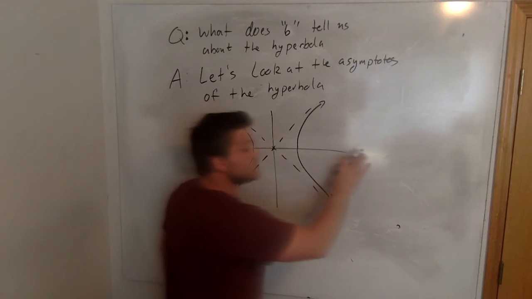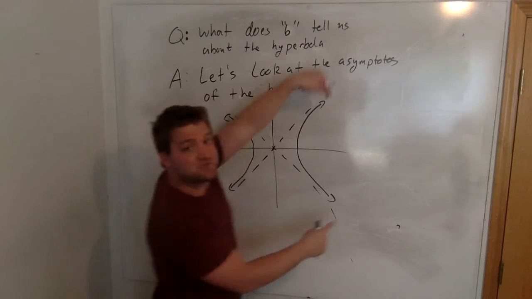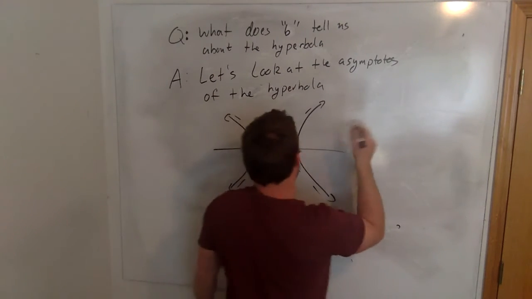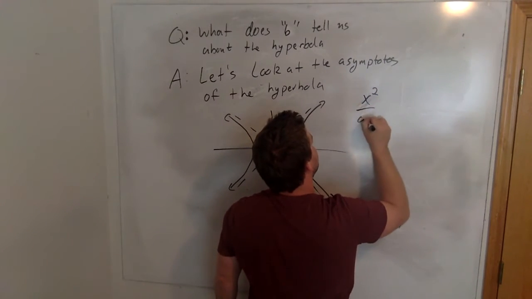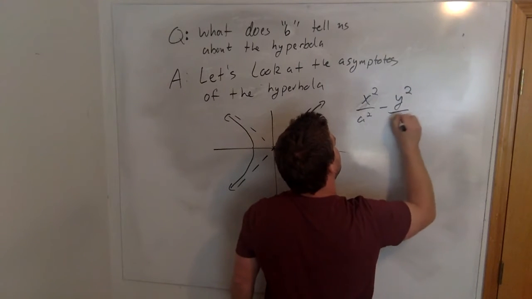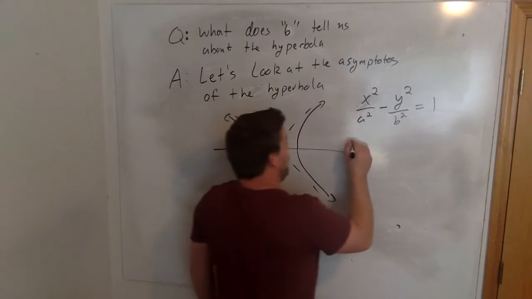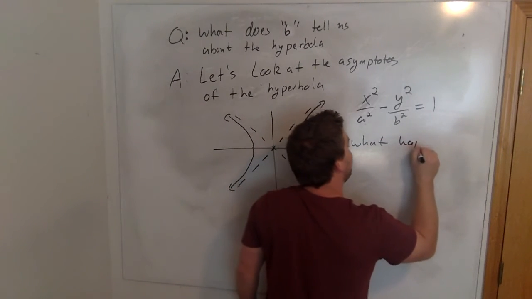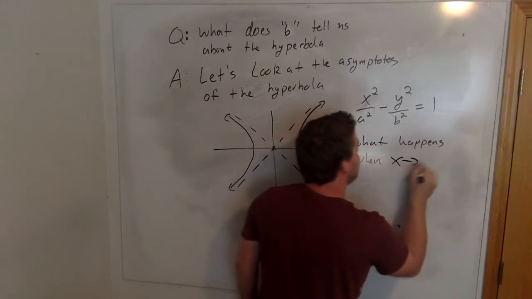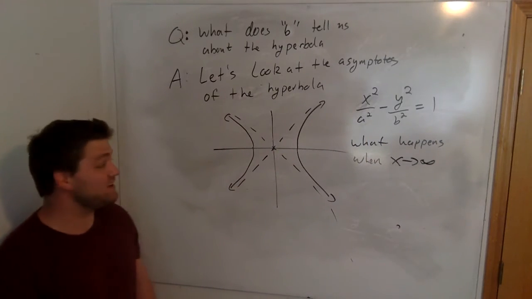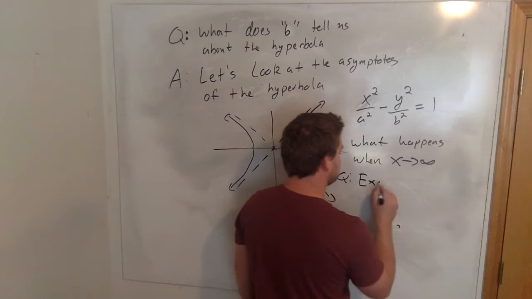Notice as x is getting really big, the graph is settling on these slant asymptotes. So this equation is x squared over a squared minus y squared over b squared equal to 1. We should ask ourselves, what happens when x gets really large? What is the graph settling on? We want to examine end behavior.